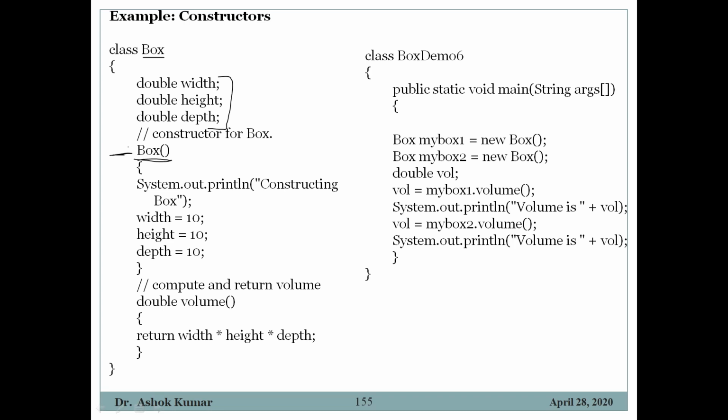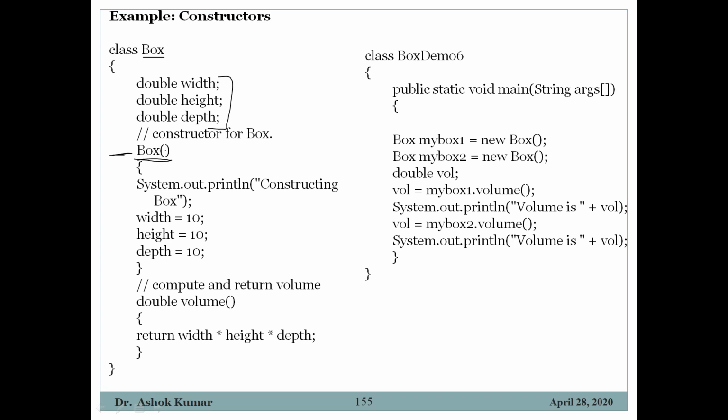Otherwise the normal methods in Java always should have some return type. It can be void or integer or some other return type. But in case of a constructor, we don't write any return type with the constructor name, right?